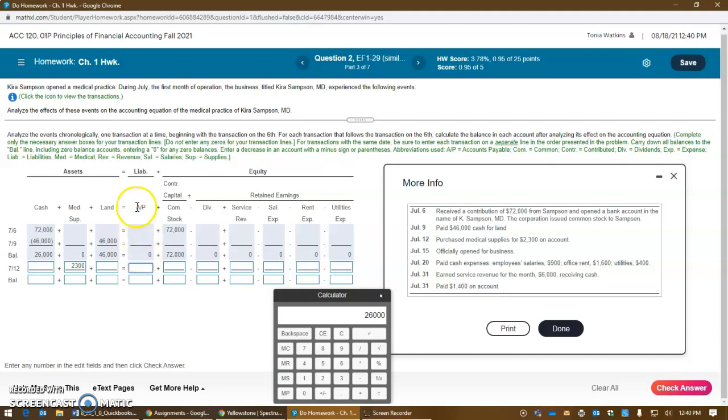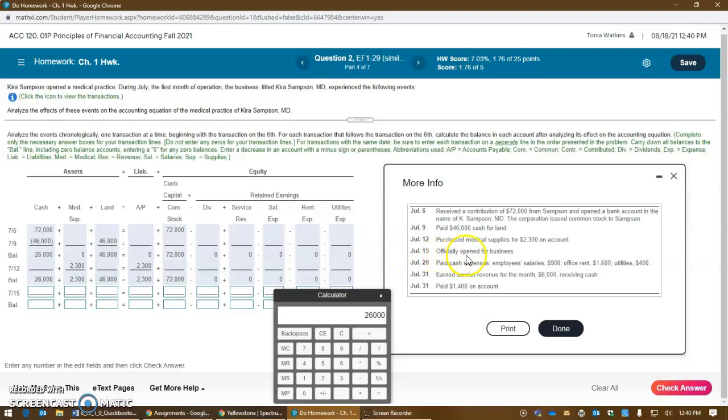Specifically, this one is an account payable. Okay, and again, if it doesn't affect that account, you leave it blank and then bring down your balance. And check answer.